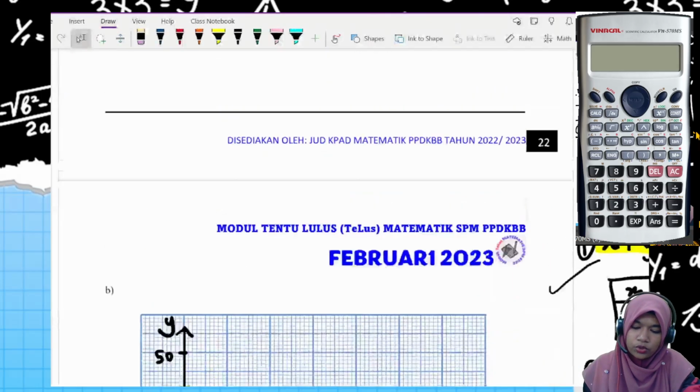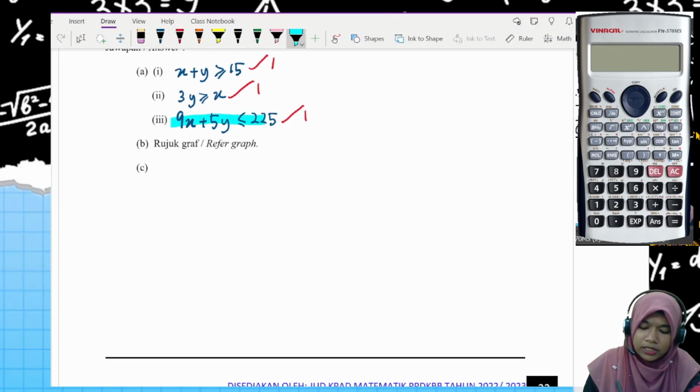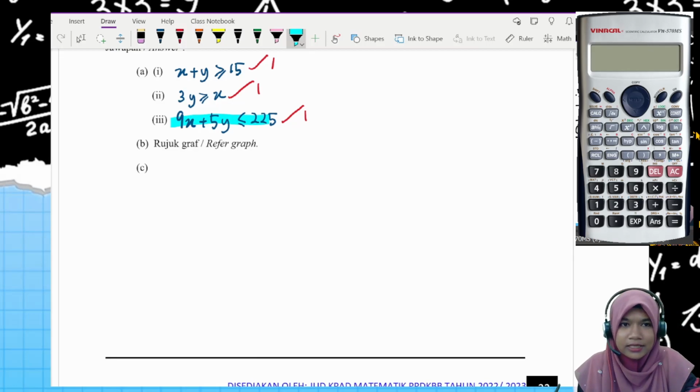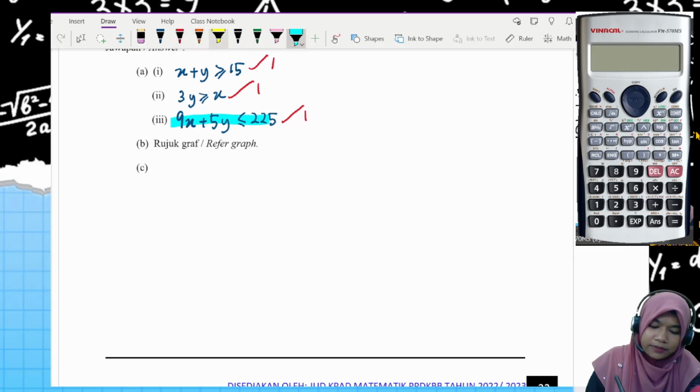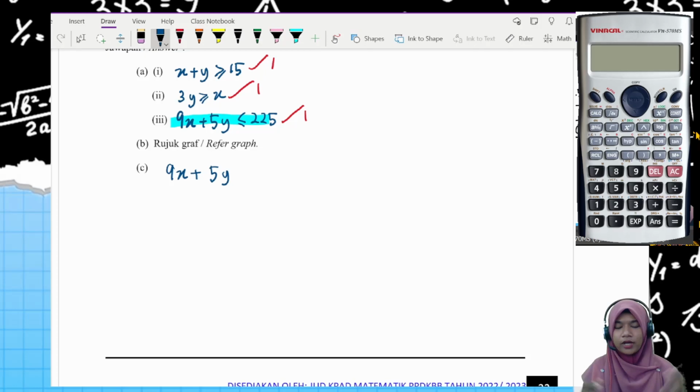So you have to substitute into the equation that involves the allocation of money, 9x + 5y. First find the value of the money spent.